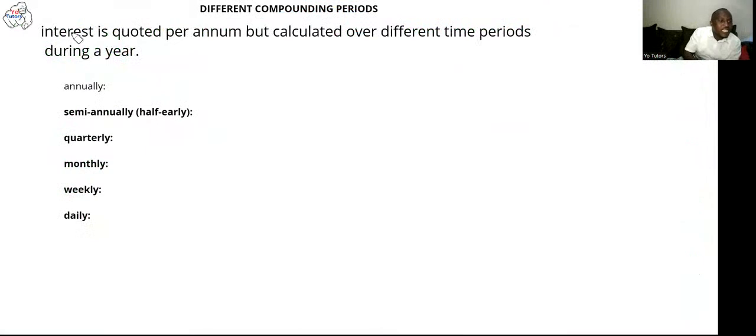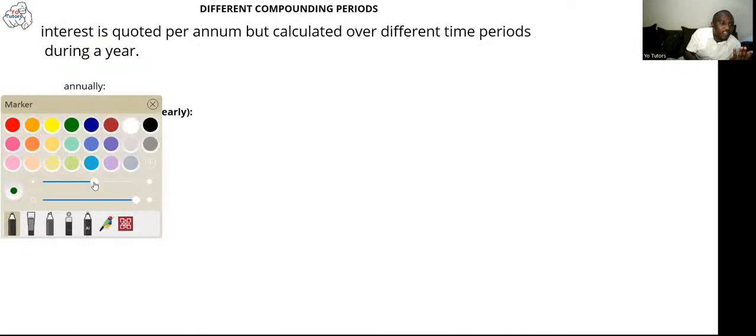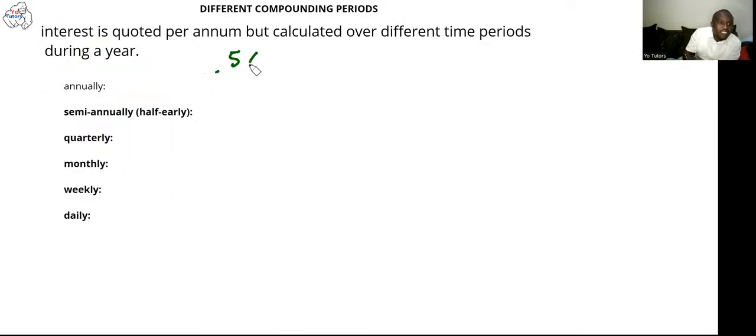Now, when I talk about different compounding periods, we are used to saying, for example, 5% per annum compounded annually.